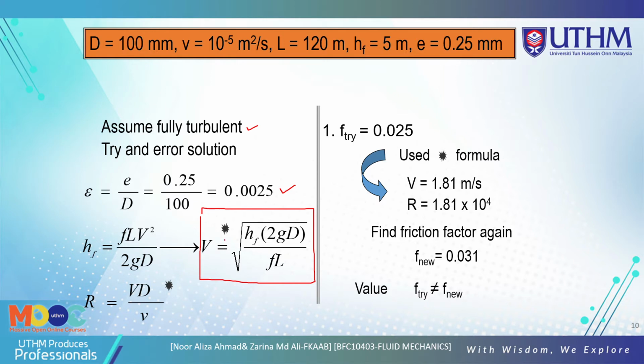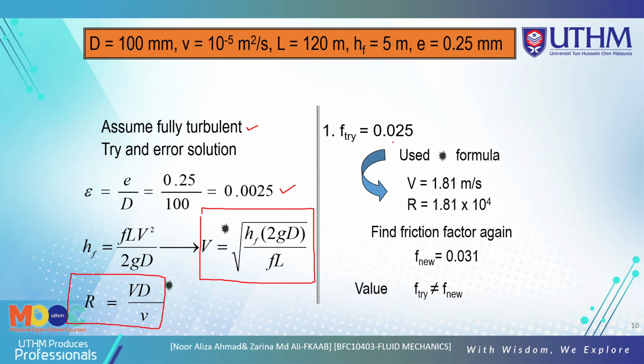Then you use the Reynolds number. These two formulas are used to find the new F, and then to find the Q. First you try 0.025.